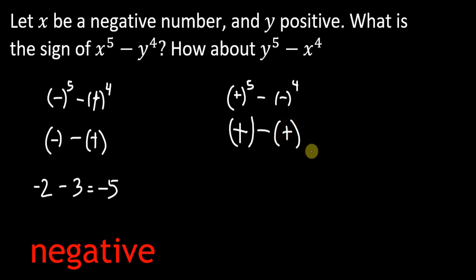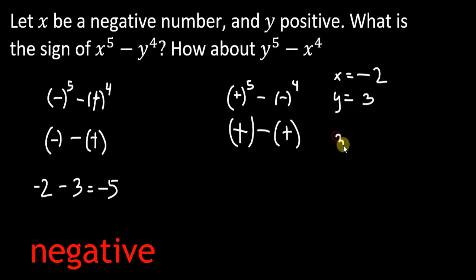Okay, so ano yung sign niyan? So, hindi natin ma-determine kung positive o negative bang sign niyan. For example, yung x is negative 2 and yung y is positive 3. O, yan.